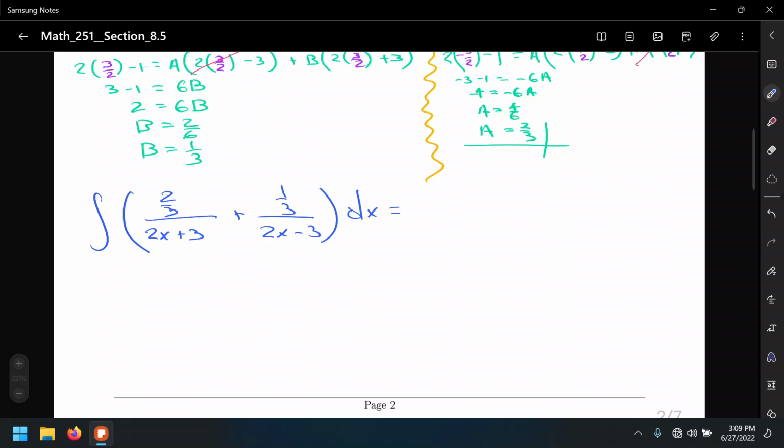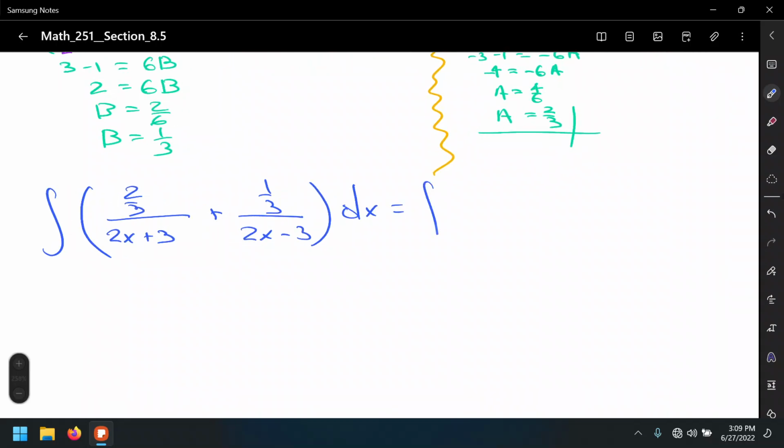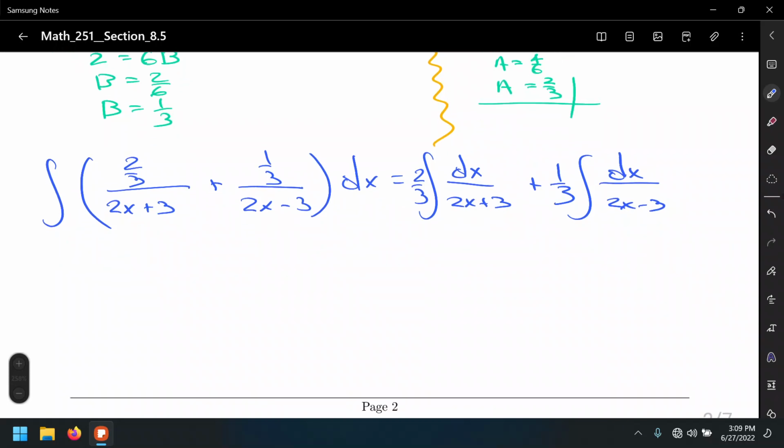And let's just split this one into two separate integrals. I'm going to do 2 over 3 integral of dx over 2x plus 3, plus 1/3 integral of dx over 2x minus 3. And while these two are simple integrals to evaluate, if you want to show the u du for this part, that's fine.